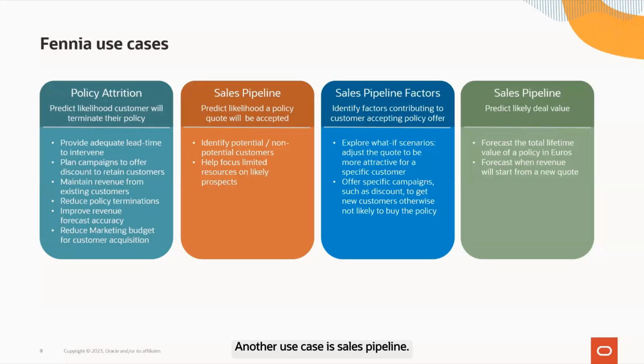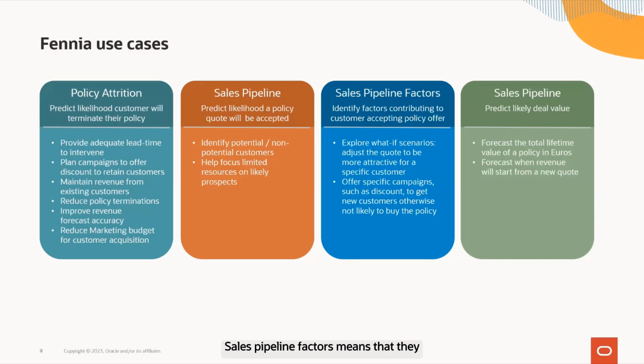Another use case is sales pipeline. Finnia has been predicting the likelihood of a policy quote to be accepted, so that you can identify the potential or non-potential customers, and you can focus your limited resources on likely prospects. You are not wasting your time. You are really saving your time and doing those things that are important to do.